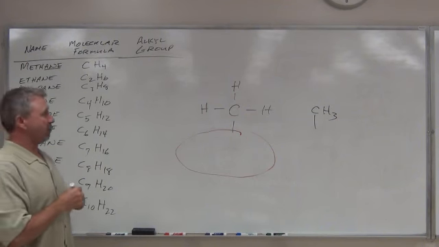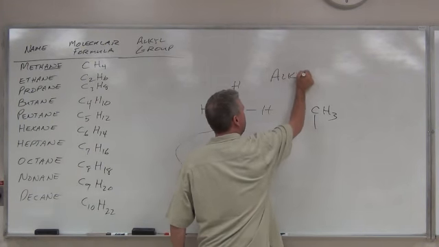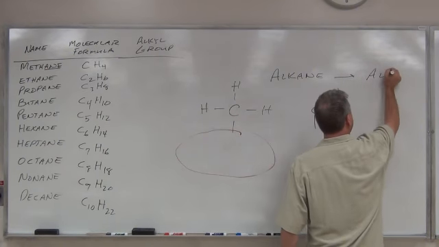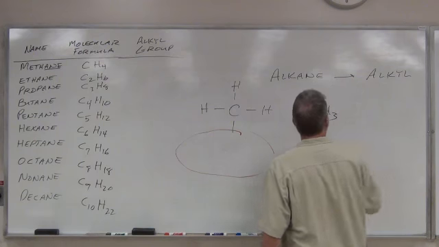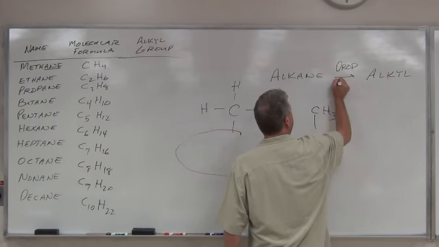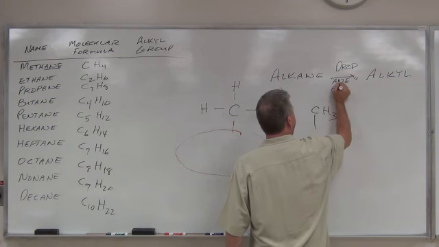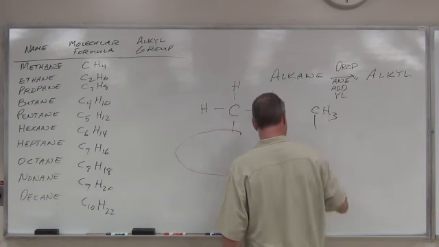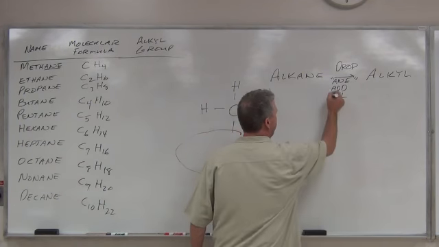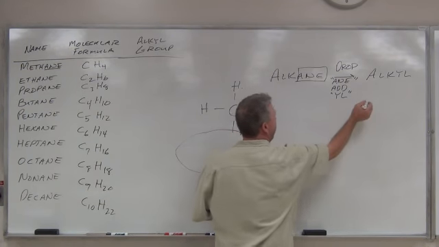If we take the word alkane and convert it into alkyl, how do we get it? We drop the ANE and add YL.